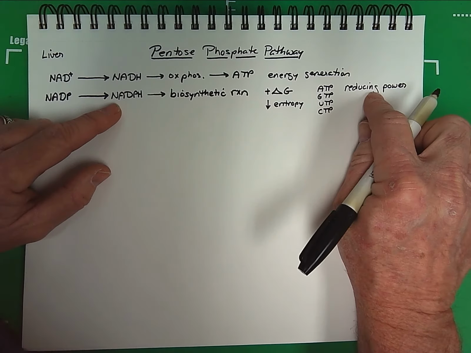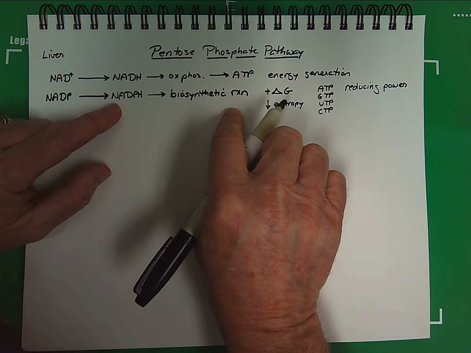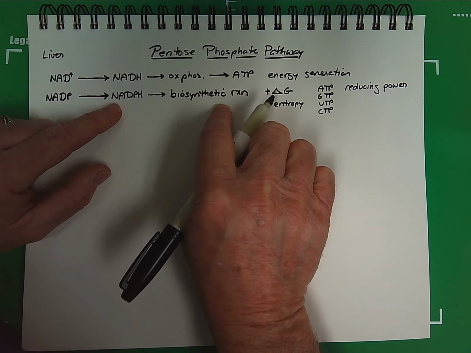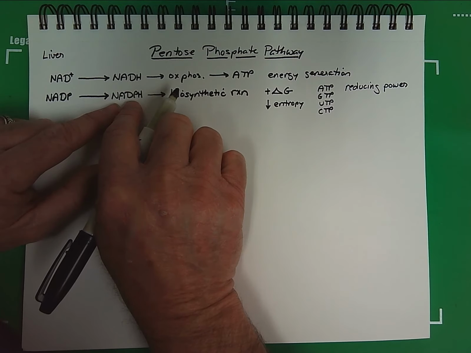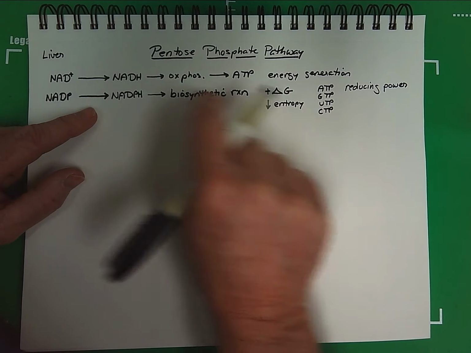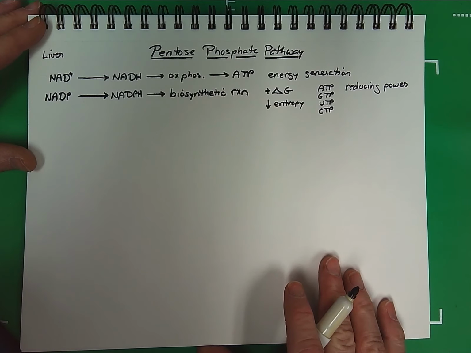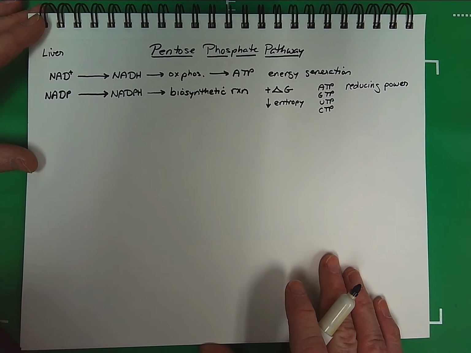And the reducing power is simply going to be needed for reducing smaller molecules in order for them to be constructing larger molecules. This reducing power is coming from NADPH. So NADPH is required for biosynthetic reactions, NADH is required for energy generation. Now let's take a look overall at the pathway for generating NADPH to see where this comes from.